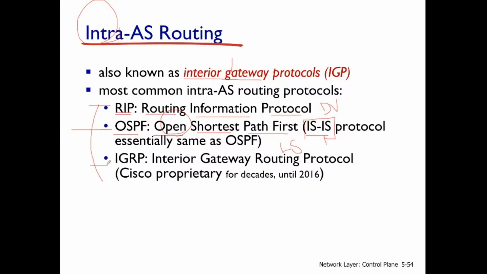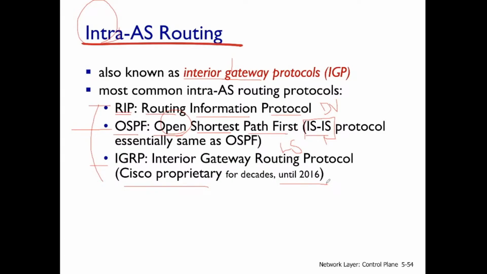The third one is called IGRP, Interior Gateway Routing Protocol. Now, this one is completely closed. It's Cisco proprietary. It came with Cisco routers, but it was only maintained until 2016 and obsolete afterwards. The reason is that Cisco began to embrace the idea of software-defined networking.